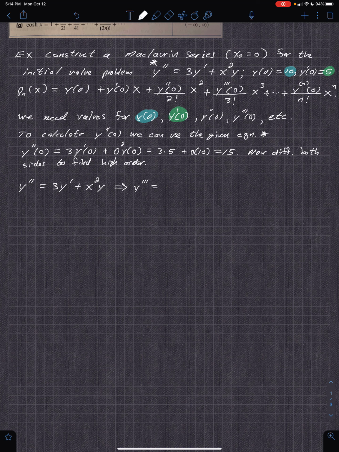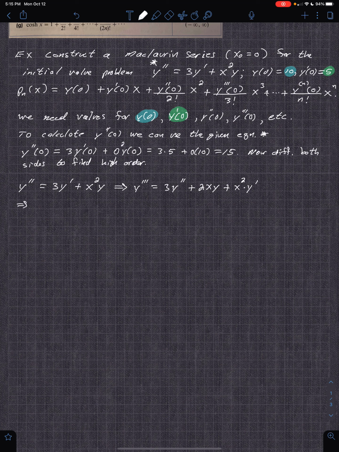So y triple prime equals 3 y double prime, you just take the derivative again of that, and then plus the derivative of the first times the second, plus the first times the derivative of the second, times y prime. But we know what those values are when we evaluate. We're going to need, they went up to, I think, 5 on this one, so we'll do the same.